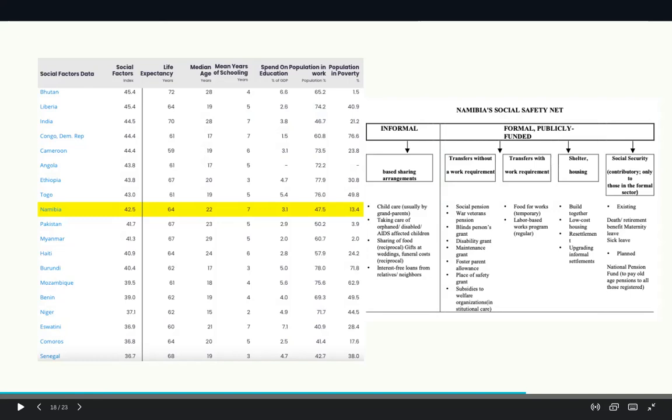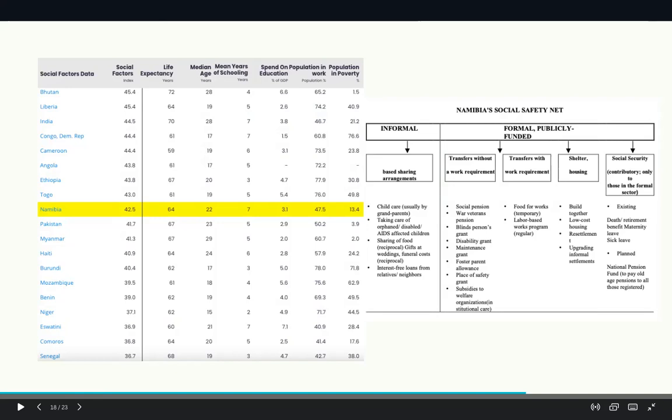Here on the slide, we can see on the left side the social factors data, where Namibia has an index of 42.5 out of 100, which is below the average and the median. Thus, even though Namibia has really solid political and economic spheres, and even more so taking into account that it's a really young nation state, the social sphere must be improved.